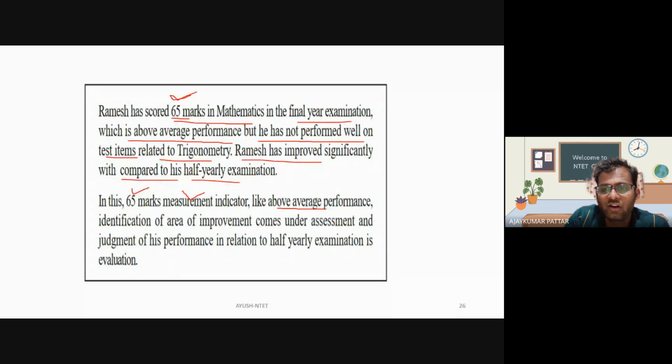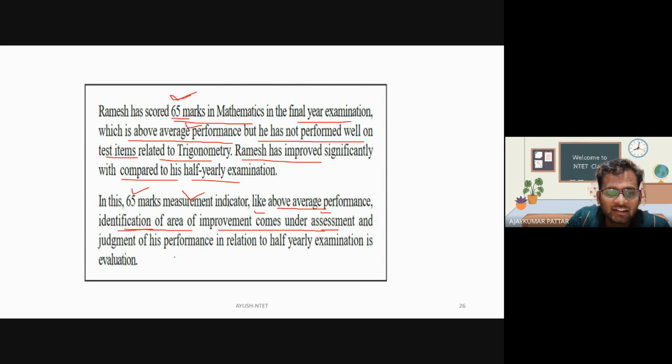Like above average performance, identification of area of improvement comes under assessment. His performance is above the average, and the improvement area comes under assessment. Whether he has improved or not improved, that identification comes under assessment.